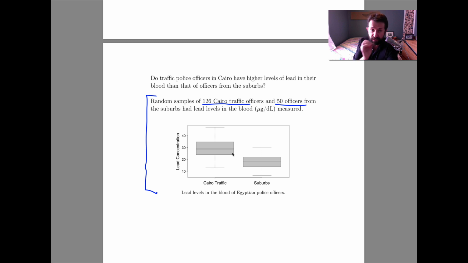And there's a lot of trickiness to it. We have to be very precise in how we go about things and say things, and it will involve certain assumptions. We'll never know with certainty the underlying reality, but statistical inference is trying to get at that underlying reality. So if, for the sake of argument, we just looked at the medians, this Cairo traffic median is seemingly a fair bit higher than that of those in the suburbs.